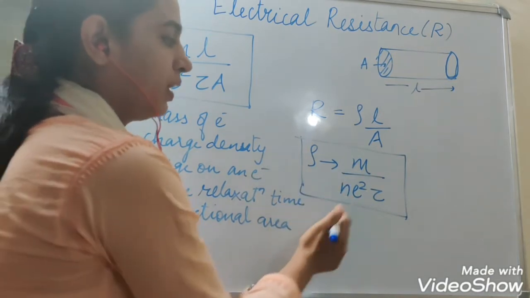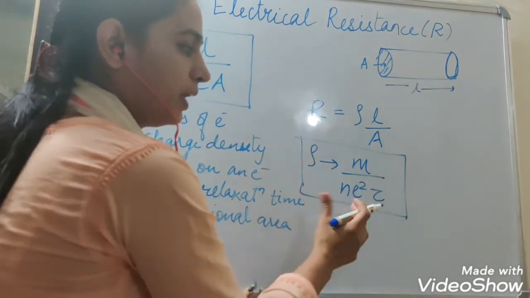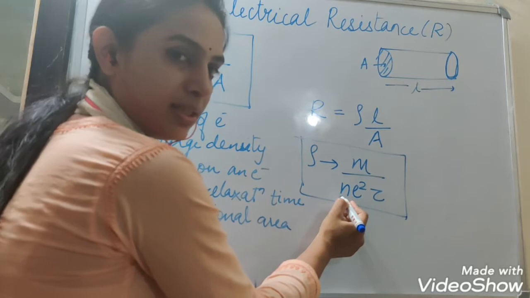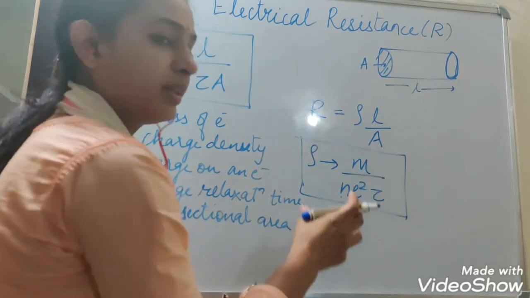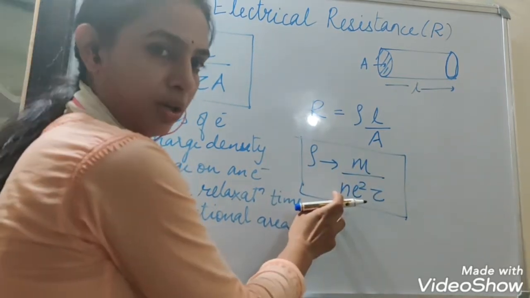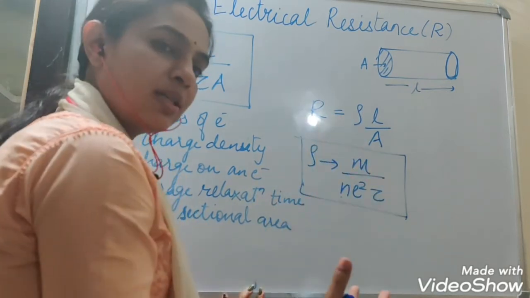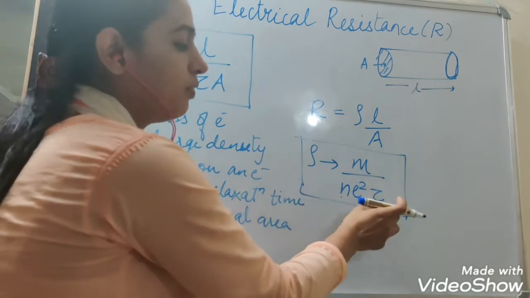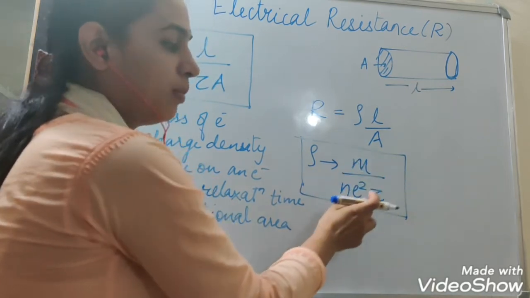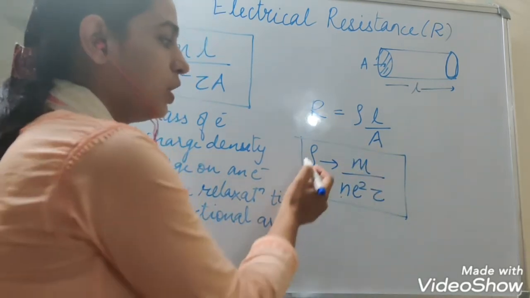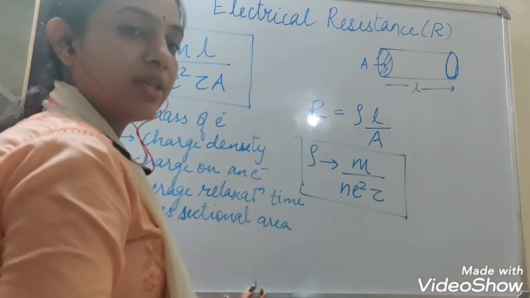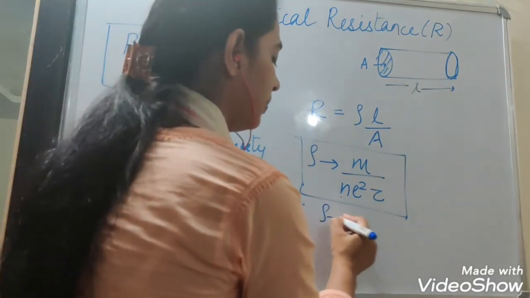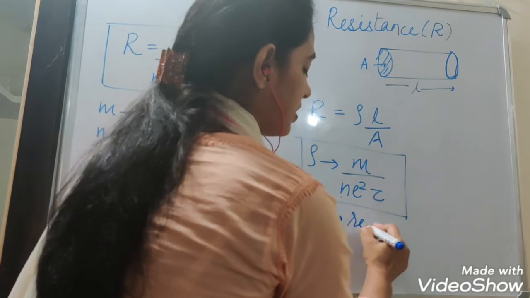So from here we can see that at a particular temperature, charge density of that particular material will remain constant. Because charge density is constant, relaxation time between the collisions will be constant, n will be constant and e will be constant. So rho, that is resistivity for a particular material, is constant.